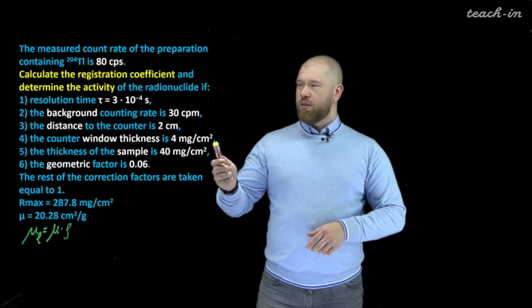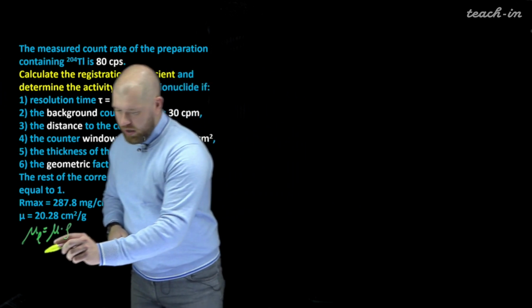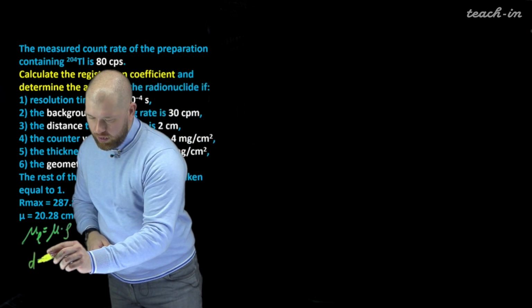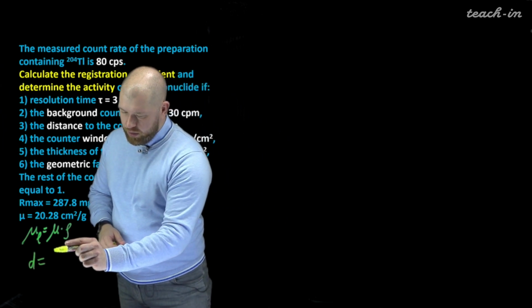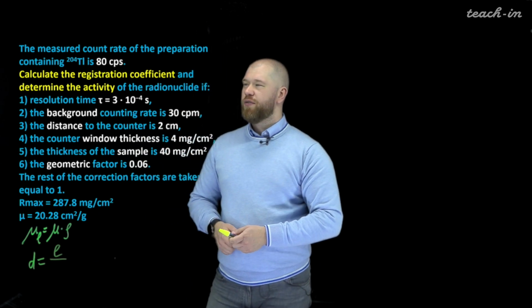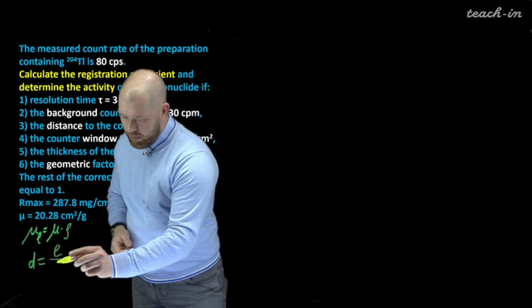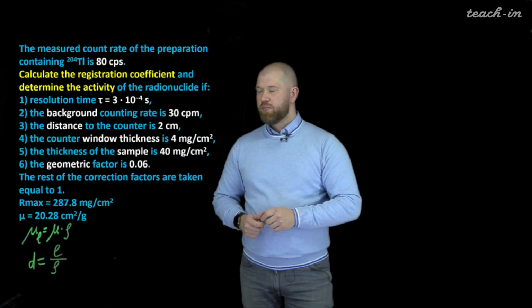In this case, the thickness of the material, let's call it D, is equal to the linear thickness divided by the density of the material.